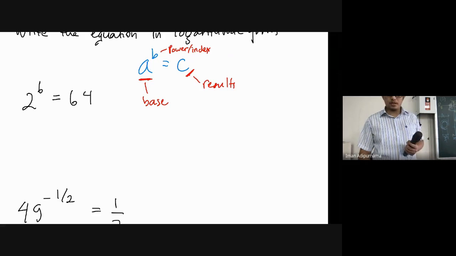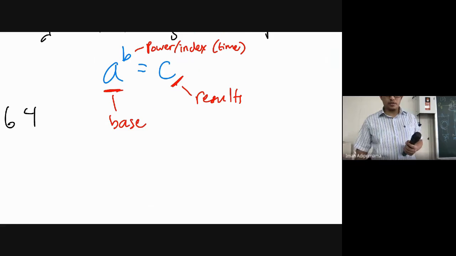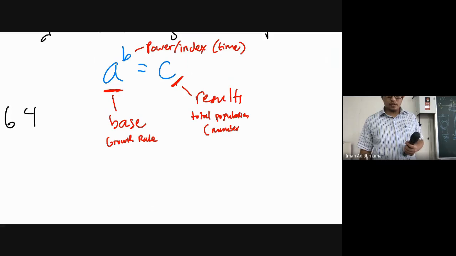Sometimes you can call this time, as in growth of population, and this is the growth rate, and this is the total population or numbers. It depends on your perspective, as long as it is correct in math, that's still okay.